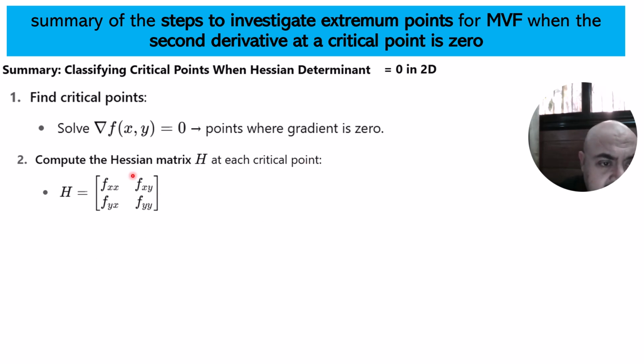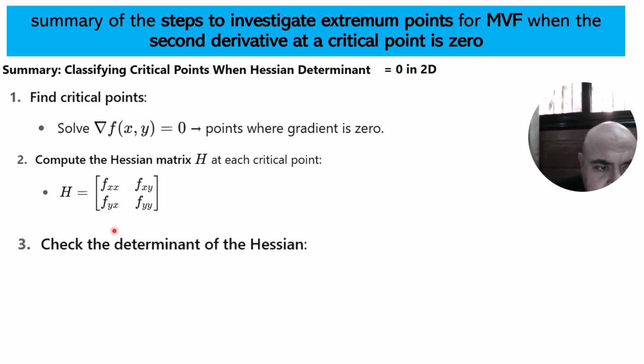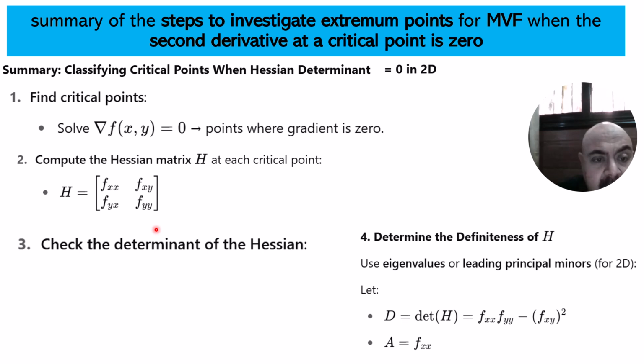We'll try to get my Hessian matrix, which represents the second order derivative for me. And I will start analyzing using the Hessian matrix. Check the determinant of the Hessian. I will have to get the determinant of the Hessian matrix. Okay, perfect.